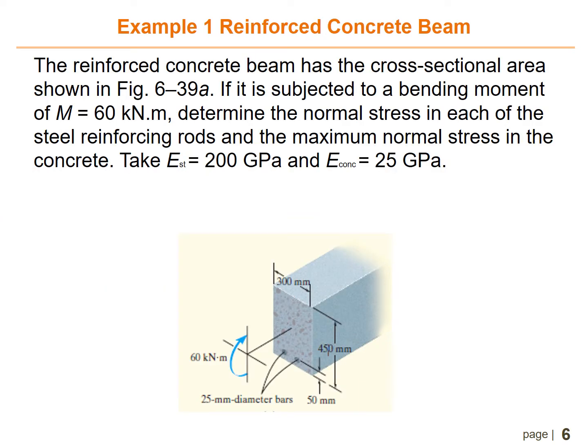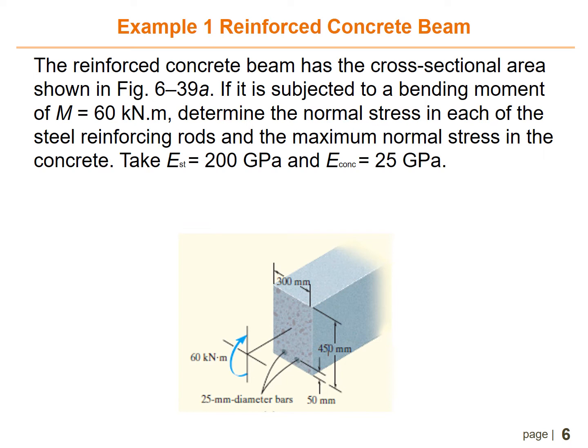Okay, that is example number 1. For the next topic, which is reinforced concrete beam. The question asks: the reinforced concrete beam has the cross-sectional area shown in figure 6-39A.